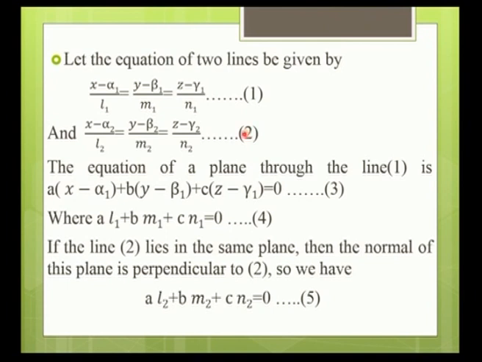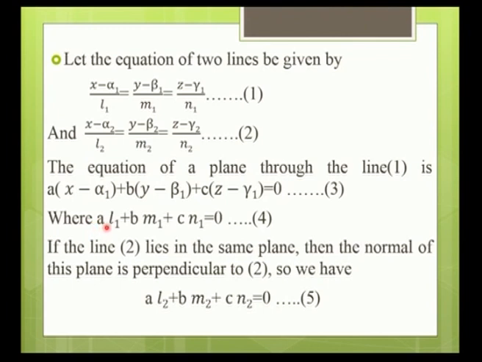Now, the equation of a plane through line 1 is given by equation 3: a(x - α1) + b(y - β1) + c(z - γ1) = 0. This equation is the equation of a plane which passes through the line given by equation 1.